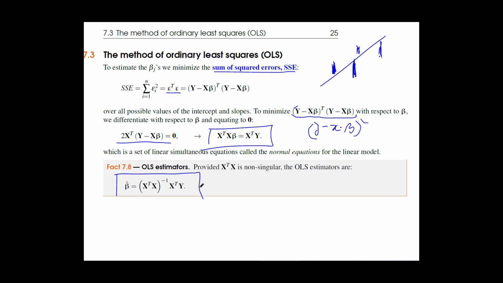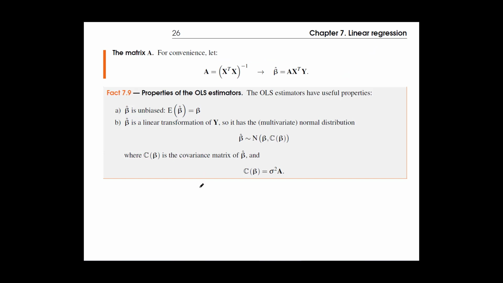Now, for convenience, let's define this matrix, X transpose X inverse. We're going to call it A. This is going to be a shorthand notation. So that's your betas. You don't need to worry too much about formulas in general in this section, because all these things are done in the computer.